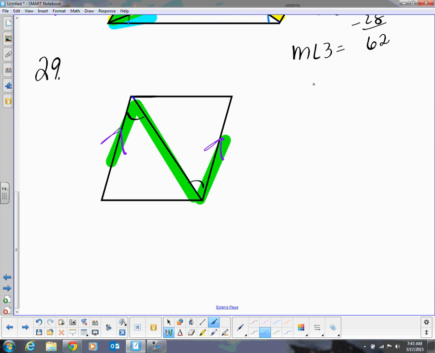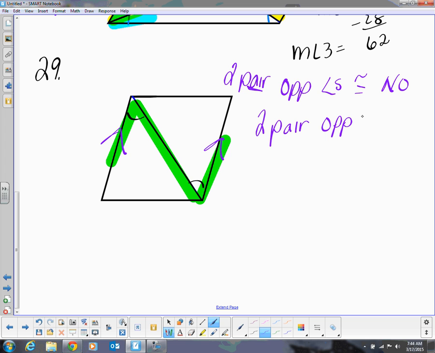Do I have 2 pair of opposite angles congruent? Do I? No. Do I have 2 pair of opposite sides parallel?